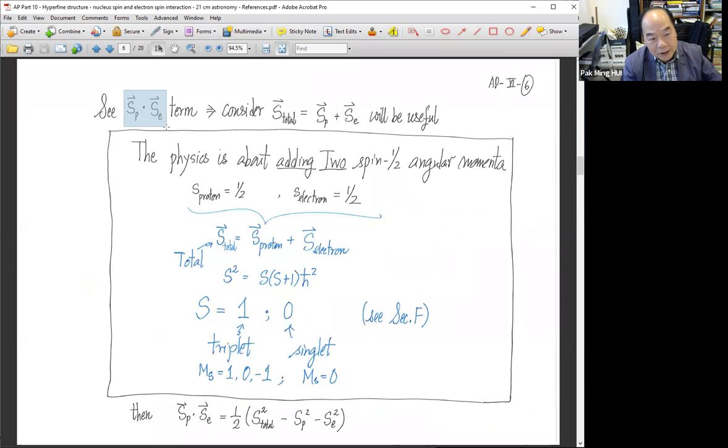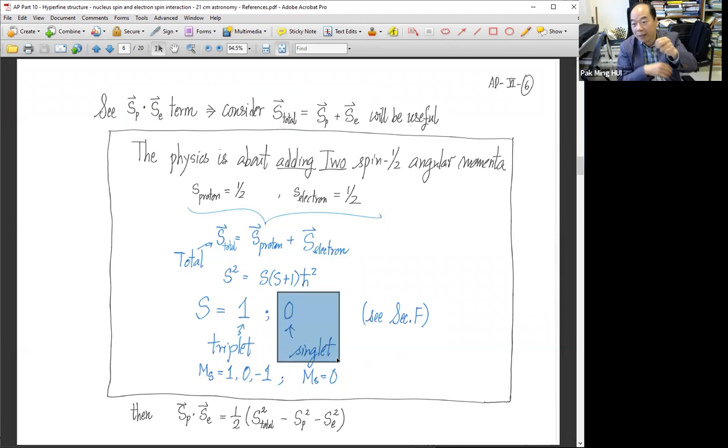When we see this, we can use the total angular momentum due to the two spin halves. We know how to add spin half to spin half. We discussed that. There will be an S equals 1, which we call triplet, and there will be an S equals 0, which we call singlet.